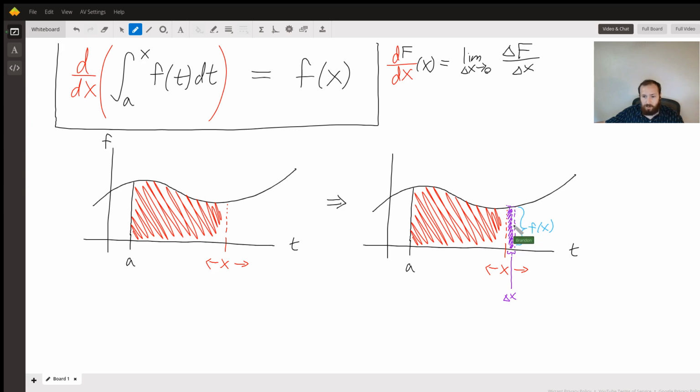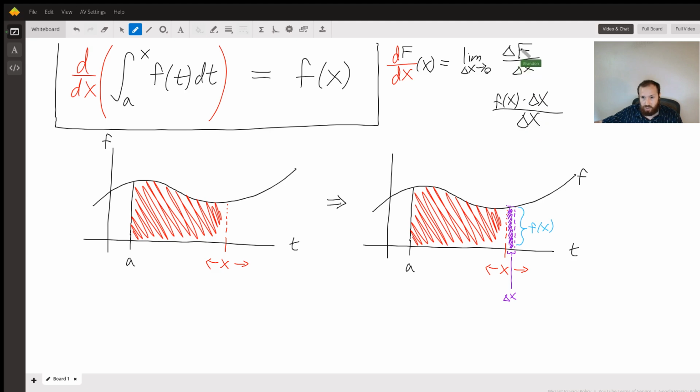If I have a tiny delta x, we're basically adding, not exactly, but in the limit it gets closer, a rectangle here. The area of that rectangle is the height, which will be f of x, the original function evaluated at x, times the width, which is delta x.